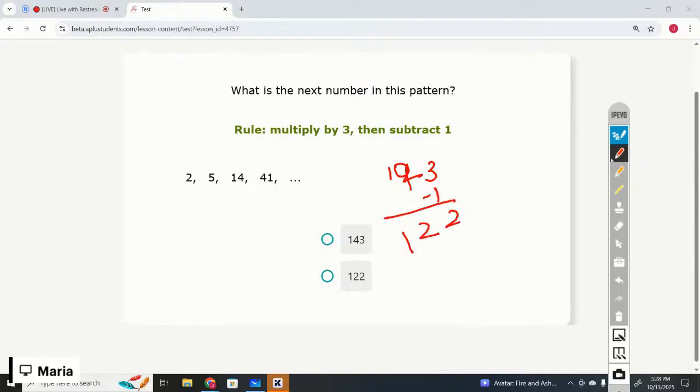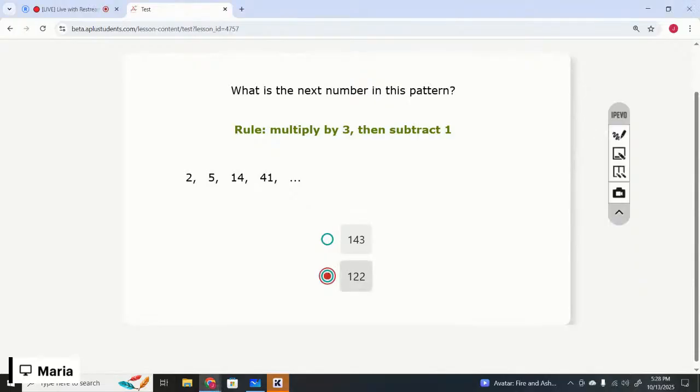So that is 122. Option number 2 is the correct option.